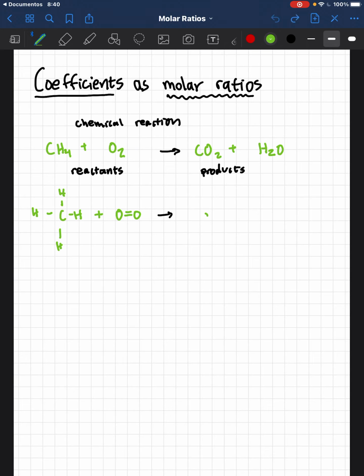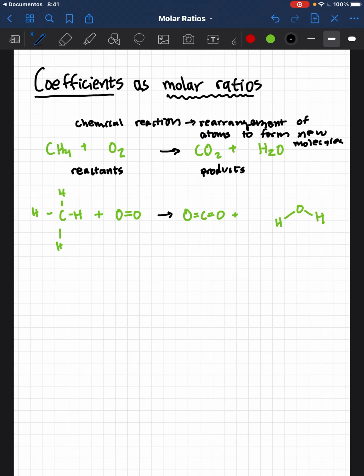So now in my products, I have my oxygens bonded to a carbon, new chemical bonds formed to form new products. So any chemical reaction is the rearrangement of atoms to form new molecules. Hopefully we feel pretty comfortable with that. That's what we see here.